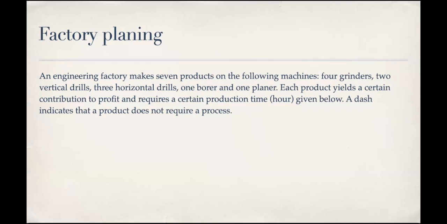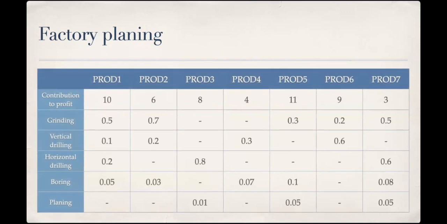From this table, each column is for a different product: product one, product two, product three, product four, product five, product six, and product seven, because we have 7 products. The first row is contribution to profit.